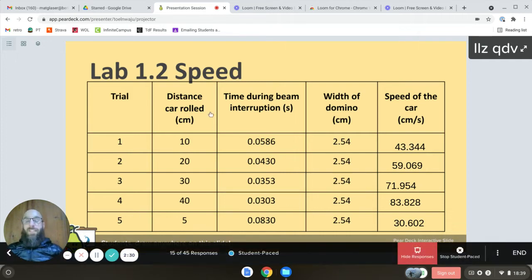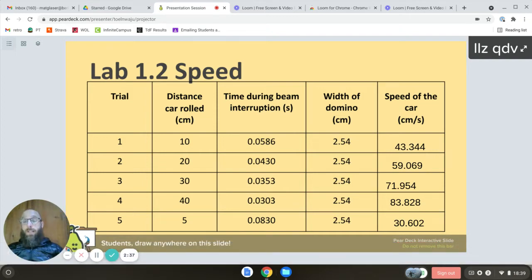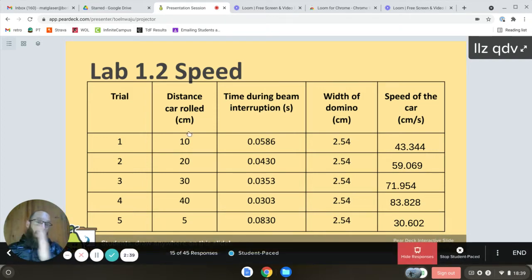So even though we have distance over here in column 2, that's not the distance you're using to calculate speed. This is essentially where the speed is measured as it goes down the ramp. To get this column, you take the width of your domino, which is 2.54 every time, and you divide it by the time during beam interruption.